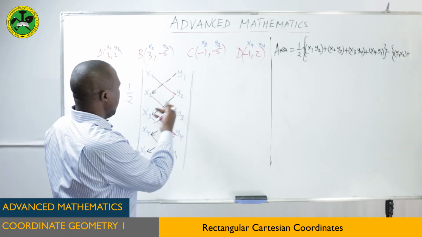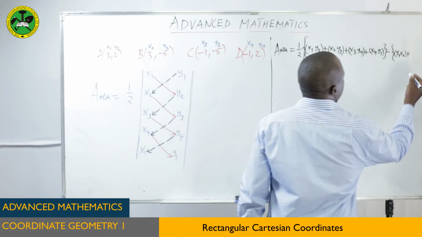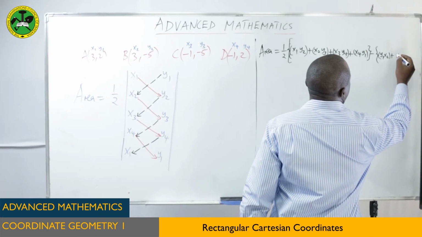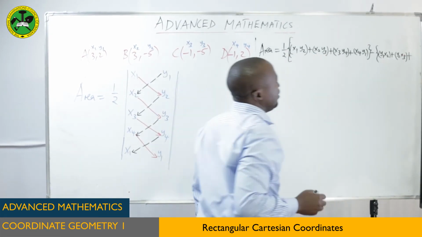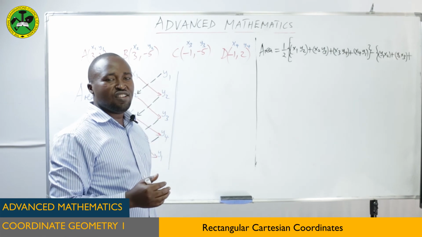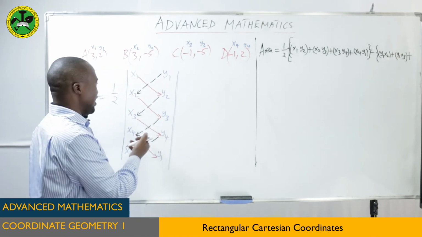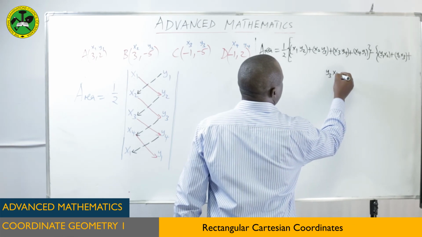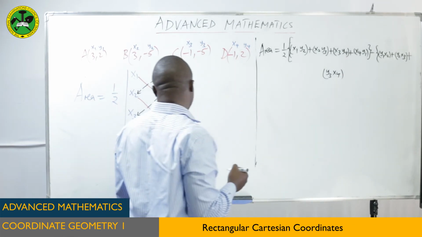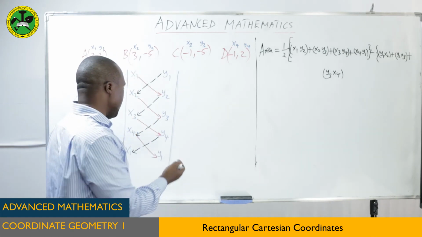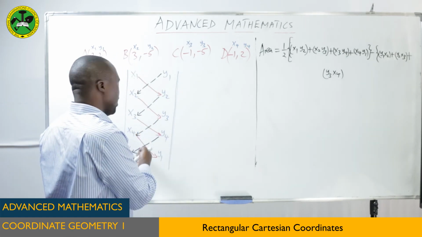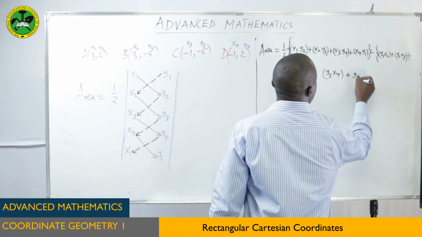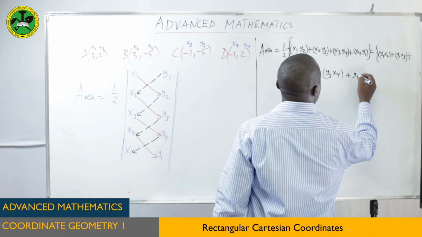Then we have y2, x3, that is y2, x3, followed by y3, x4. And the last one will be y4, x1.